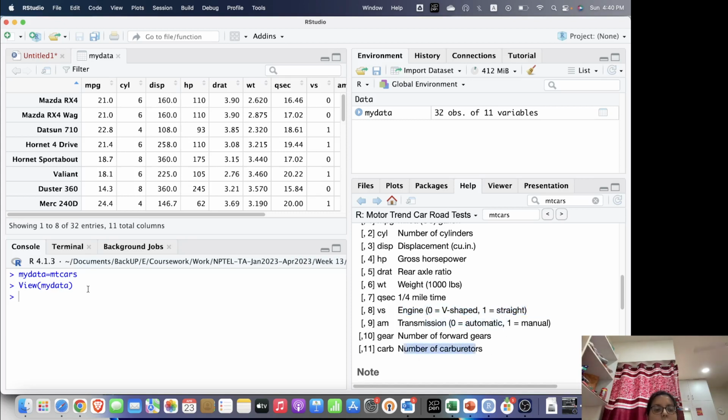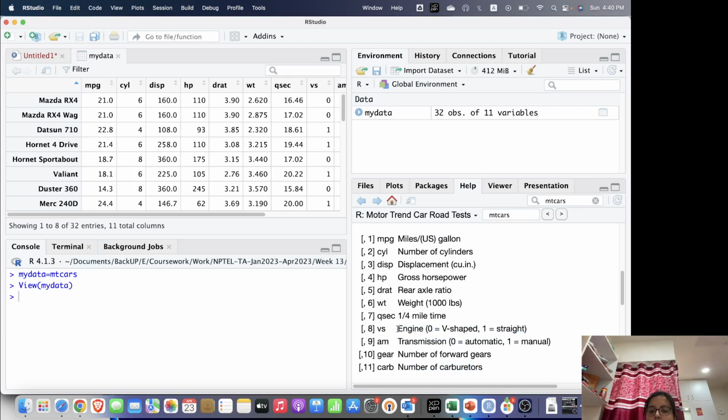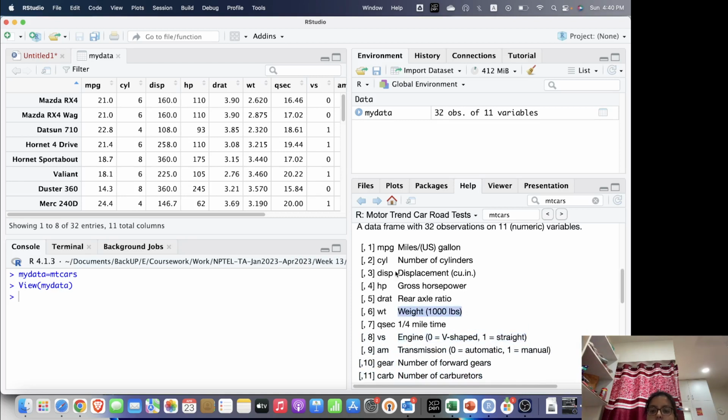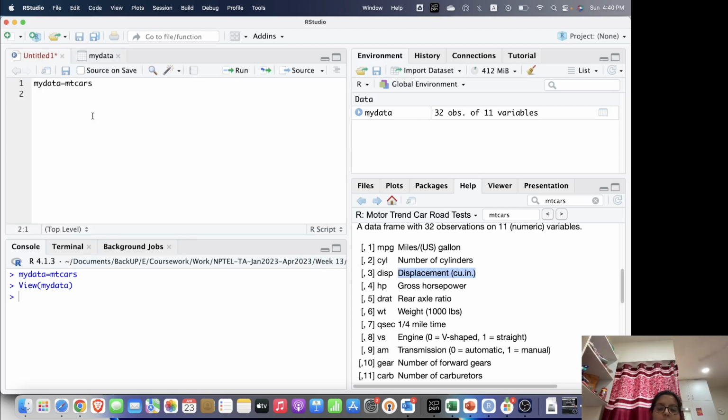Now suppose I assume that the engine type is dependent on the weight and displacement. Okay, so then I want to assume that this thing, vs, depends on weight and displacement.